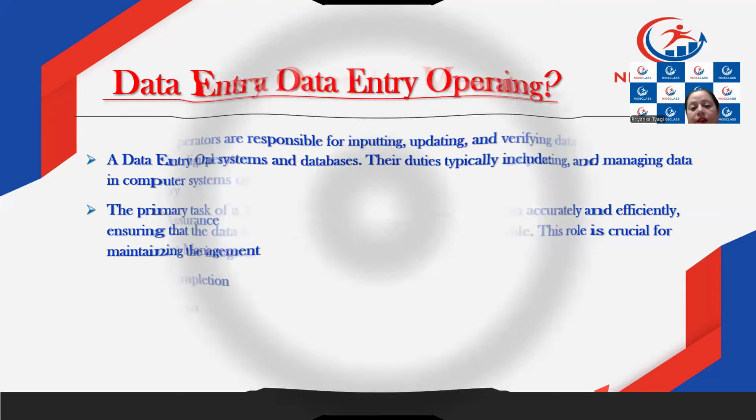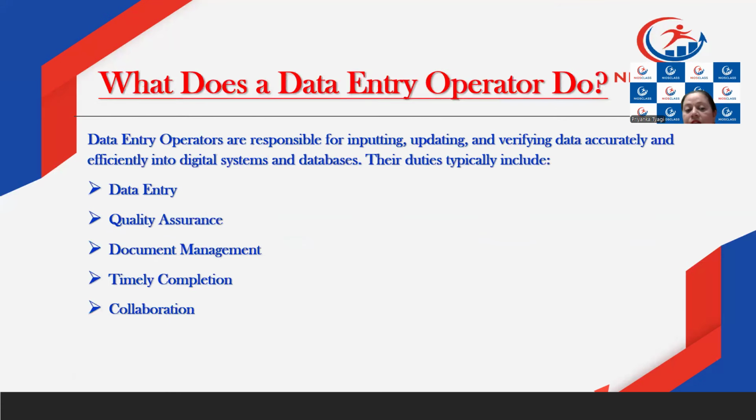Now you can see here what a data entry operator can do. Data entry operators are responsible for inputting, updating, and verifying. These are the job roles and duties of data entry. That means data entry quality assurance: whatever data has been entered should be qualitative, with no discrepancy and no duplication kind of problems.